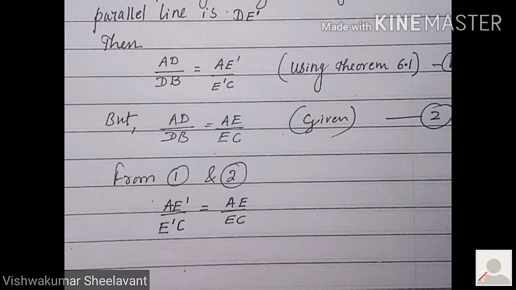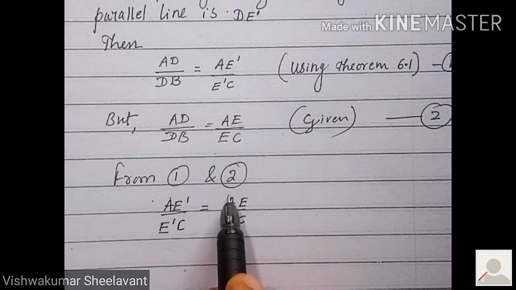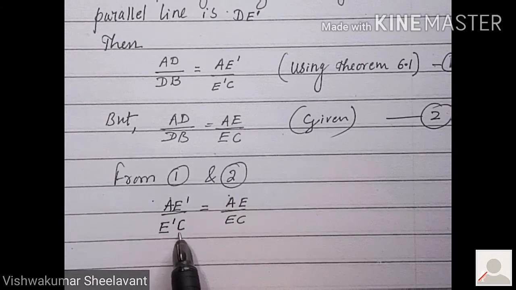Okay. What does it mean then? If AE dash by E dash C is equal to AE by EC, it means that E dash and E are not two different points. They are the same point. If these two ratios are equal, you see here, A is there, A is there, C is there, C is also there. In place of E dash we are having E here.